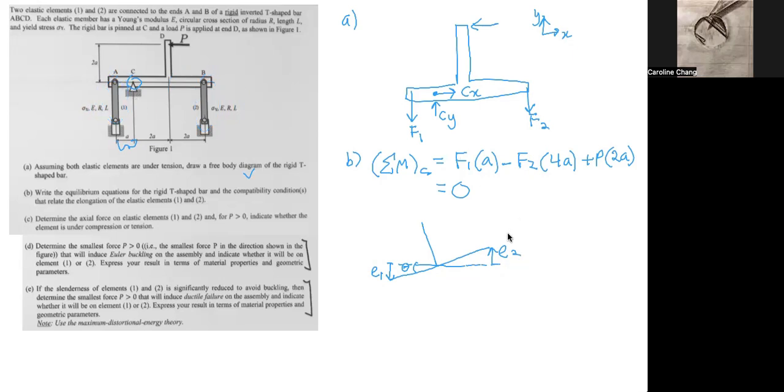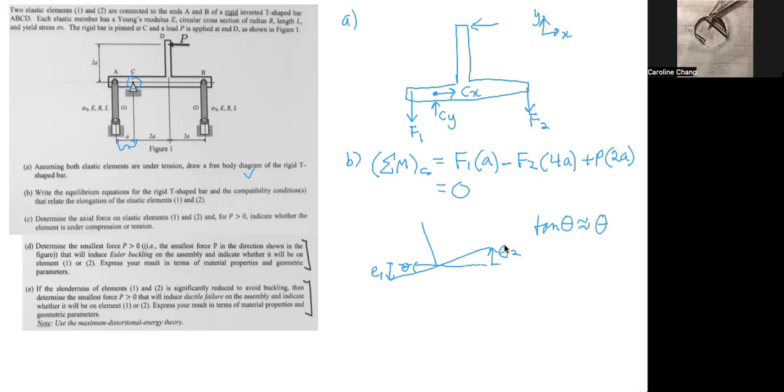So now we can use our small angle approximation, which says that tan theta, when theta is very small, which is about less than 15 degrees, can be approximated by theta.